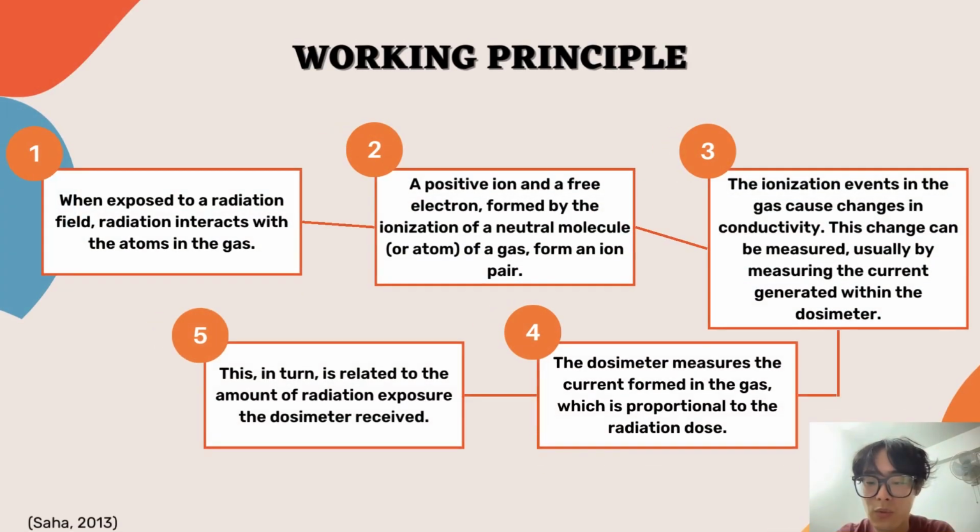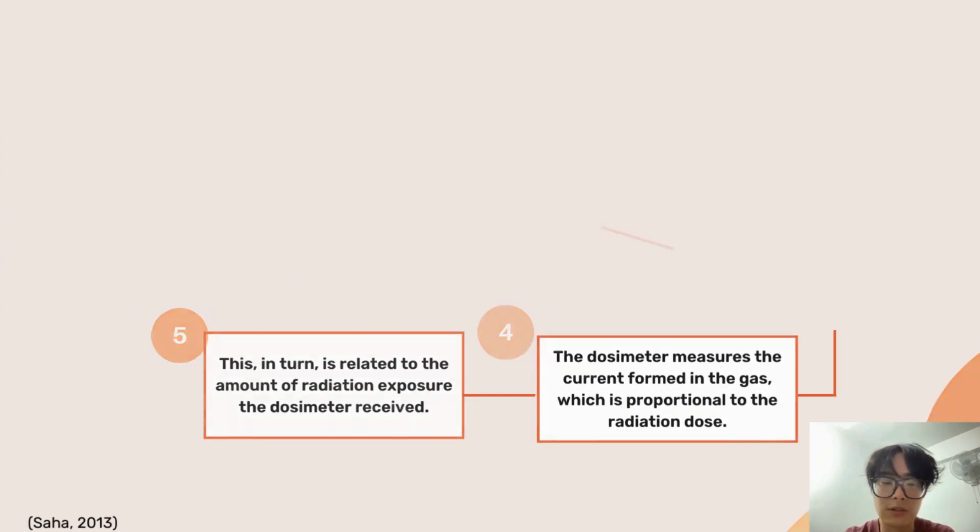In this slide, we have specific steps from radiation exposure to the measurement of change in conductivity. This series of steps forms the operating cycle of the dosimeter, ensuring the accuracy of its measurement.